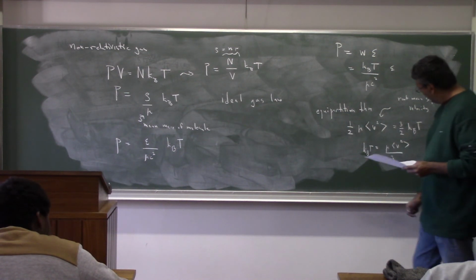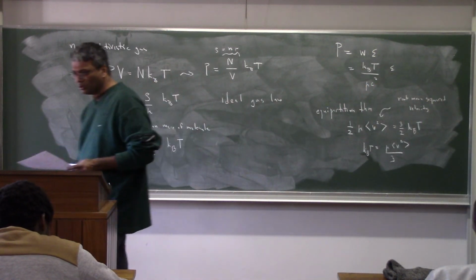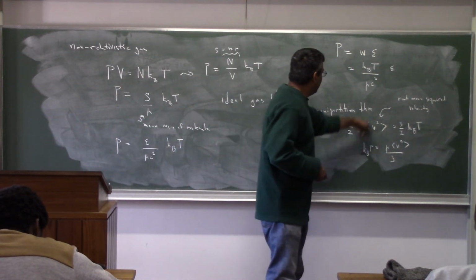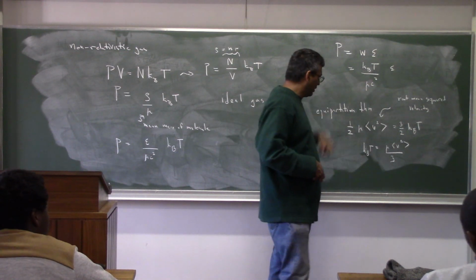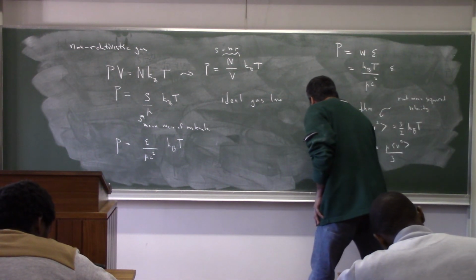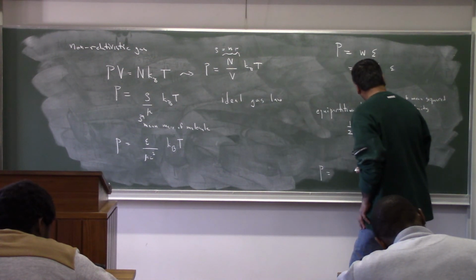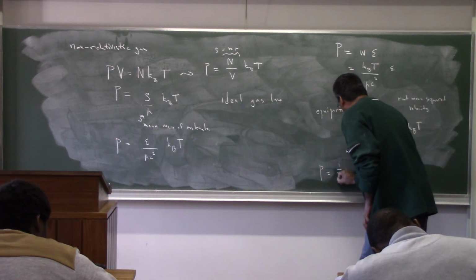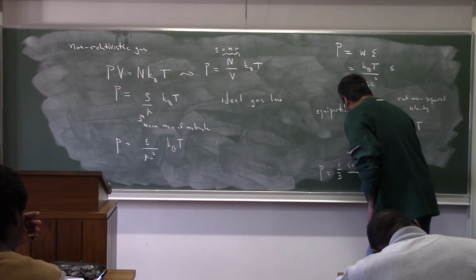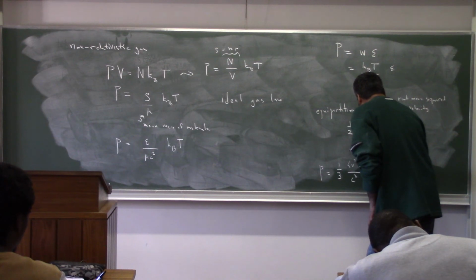So we can plug k_B T into this expression. The mu's will cancel, and we have pressure equal to 1/3 v squared over c squared times the energy density.